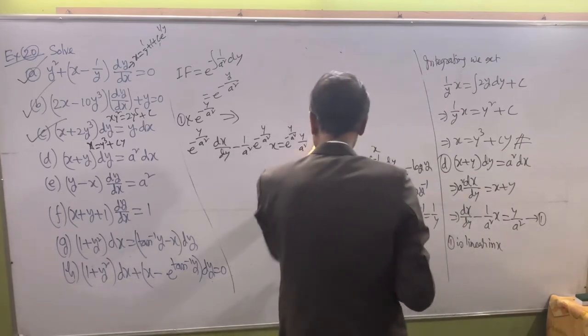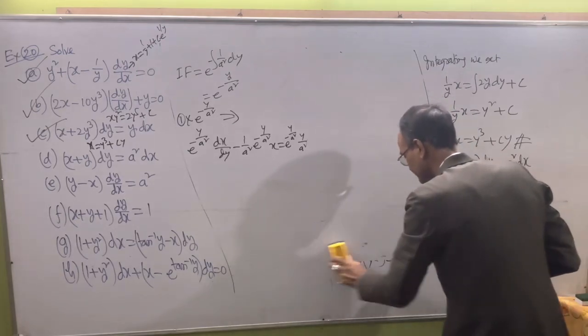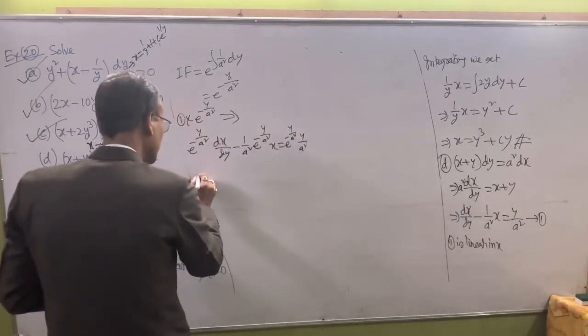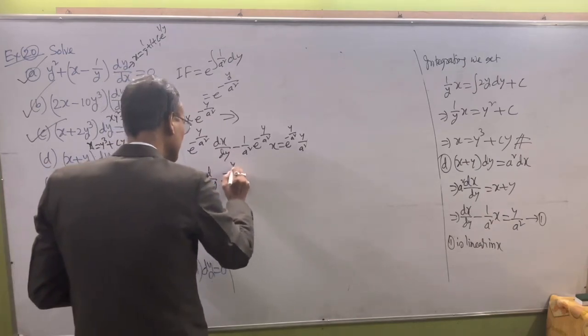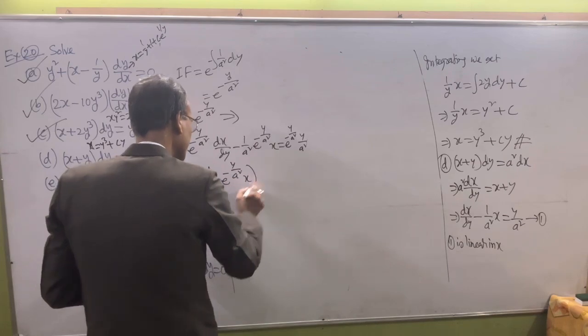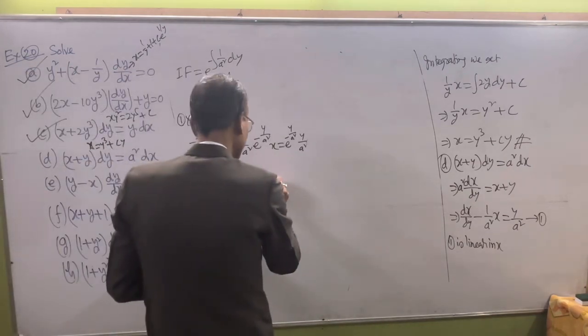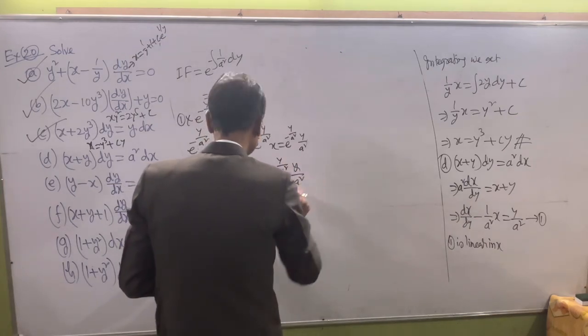We have solved this already. Now, can I write it like this? This is equal to e to the power minus y by a square, y by a square.